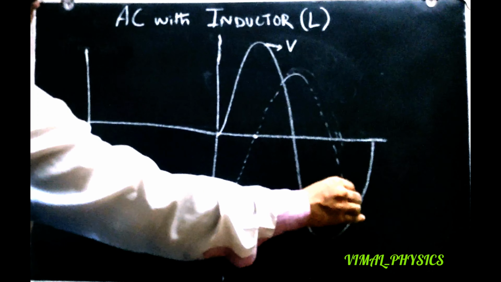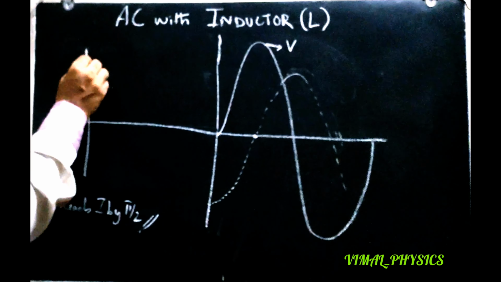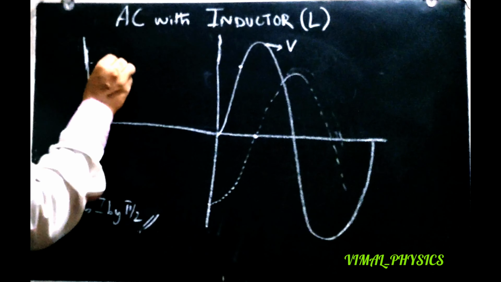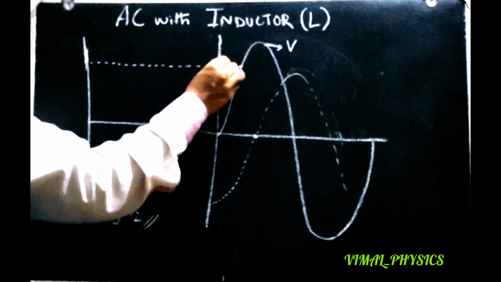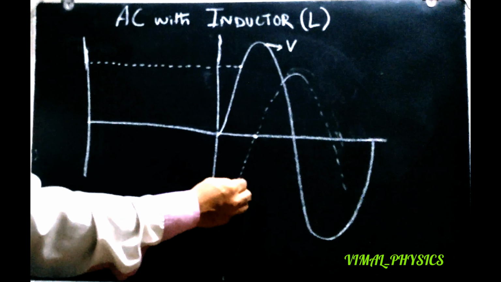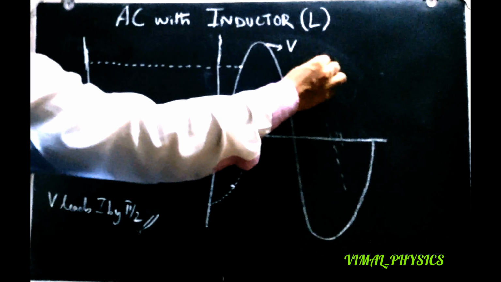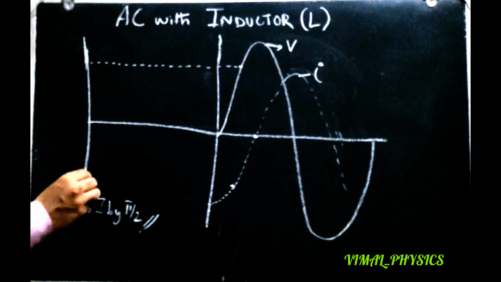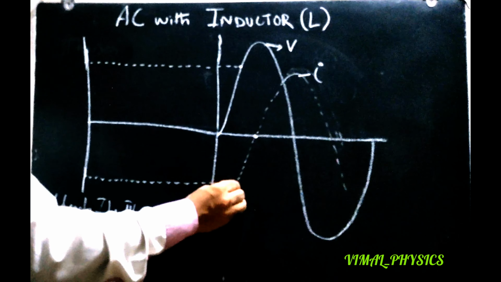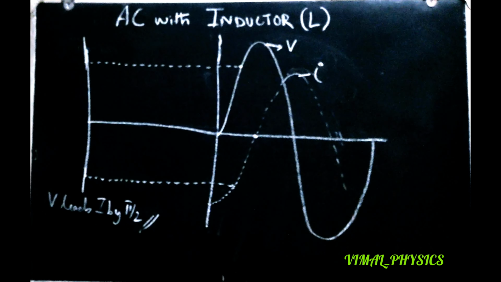From negative maximum the curve reaches 0, then goes to the positive maximum. Only from 70.7% the phasor has to be drawn, both for the voltage as well as the current curve. From there I drew the dotted line.